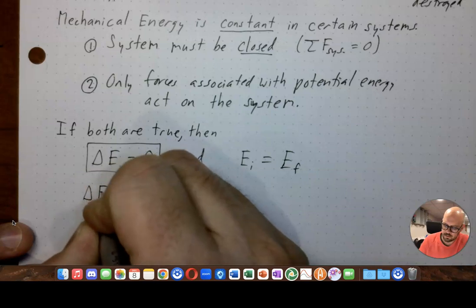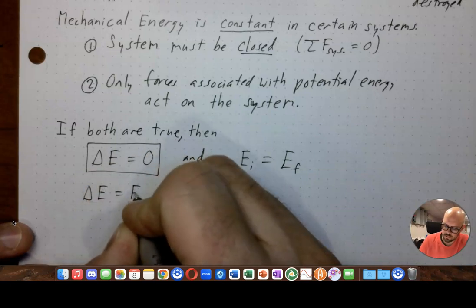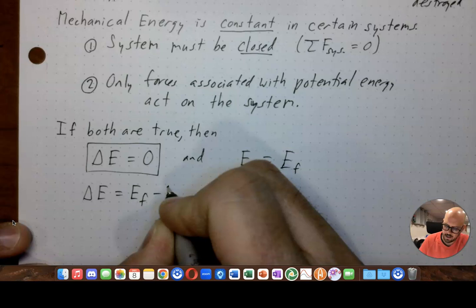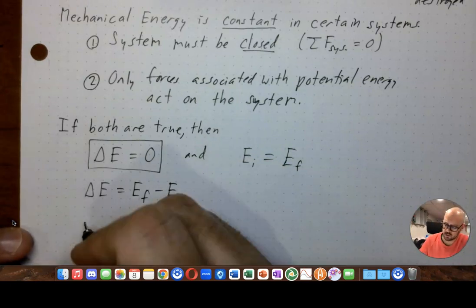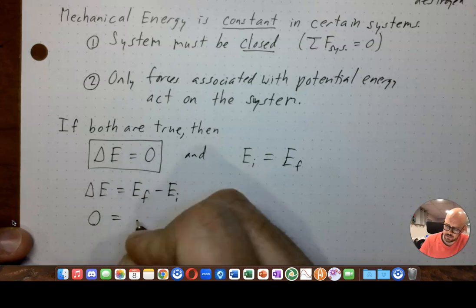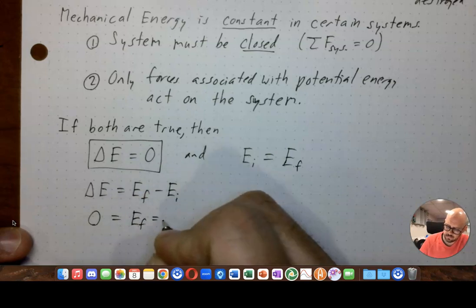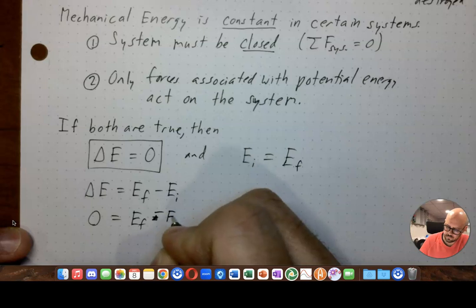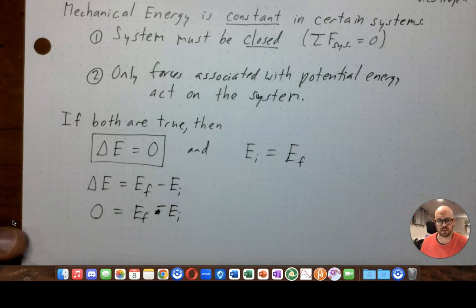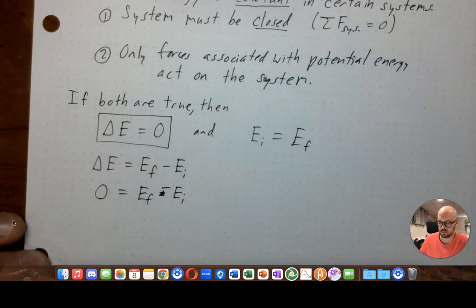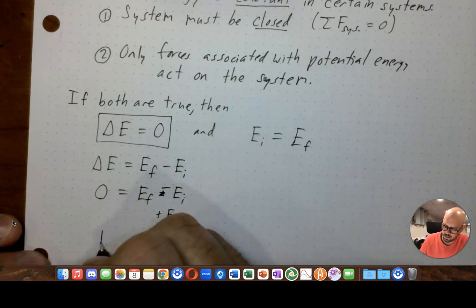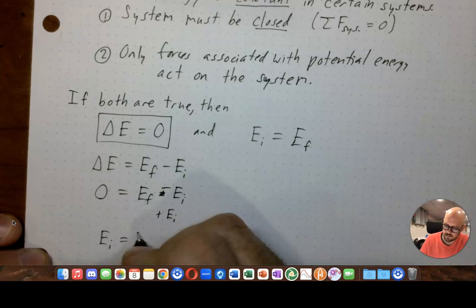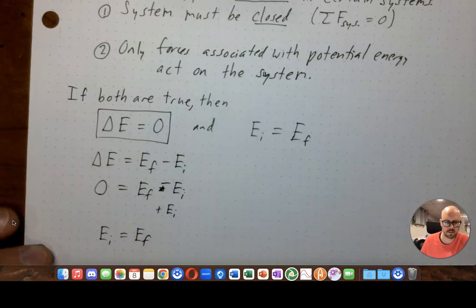Well, change in something is always the final value minus the initial value. And if that change is equal to 0, oops, should be a minus sign, then I can add initial energy to both sides, and I get this other statement on the right, that the initial energy is equal to the final energy.